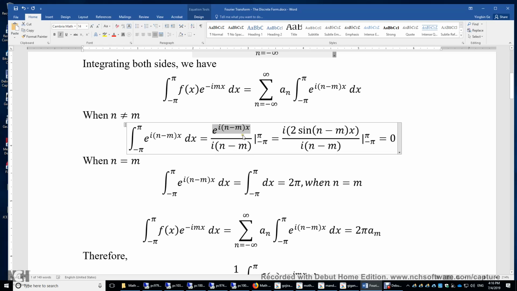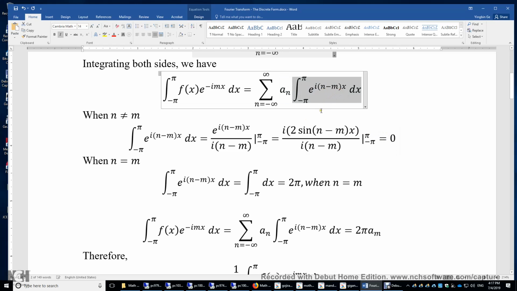We can see the two cosine functions cancel because cosine functions are even functions. Sine functions are odd functions, so they do not cancel. We get 2i times sine of (n minus m) times pi. However, because n minus m is an integer, the sine of an integer multiple of pi or -pi is simply 0. We just proved that this integral is 0 if n is different from m.